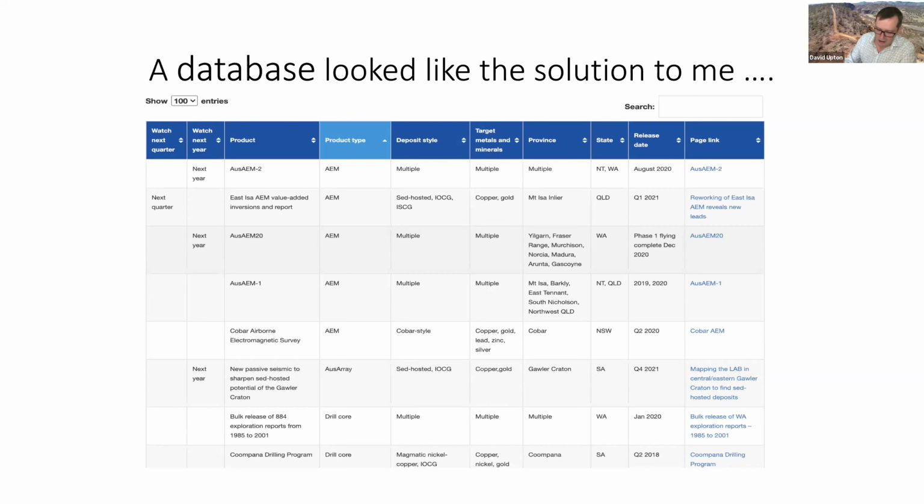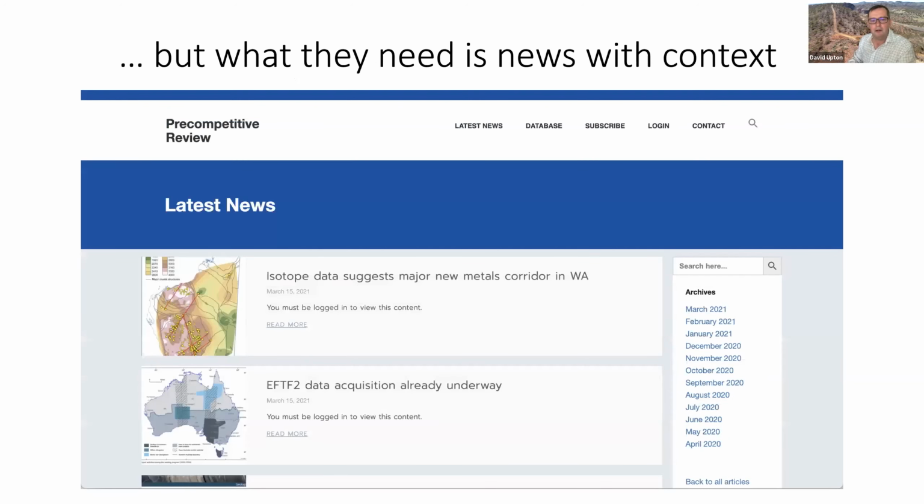But I thought I would just be doing a little note every couple of weeks saying, here's what's new in the database and this is why. And anyway, those little notes grew and grew into major stories. It turns out the latest news page, or just good old-fashioned editorial effort, is what people want.